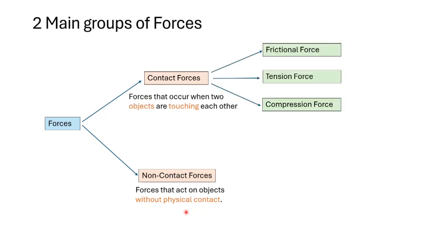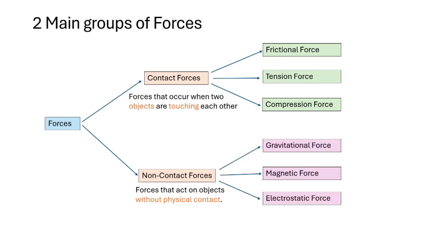Contact forces are subdivided into three types that we are going to deal with in grade 9: the frictional force, the tension force, and the compression force. The non-contact forces are the gravitational force, the magnetic force, and the electrostatic force.